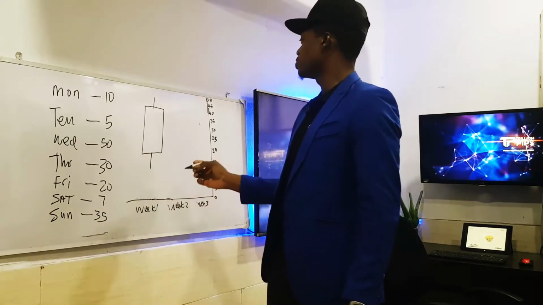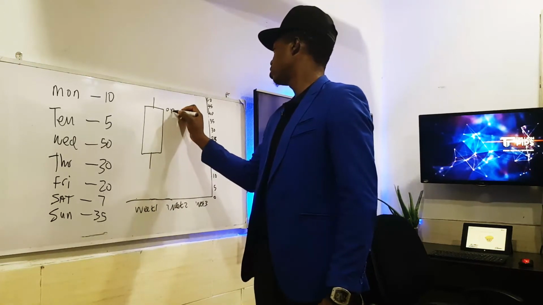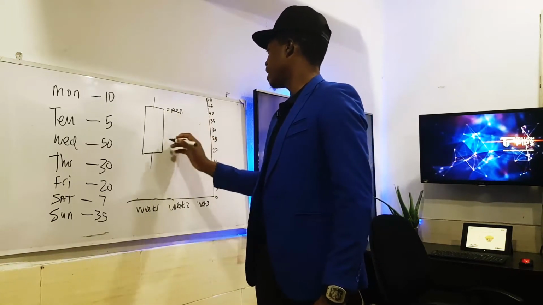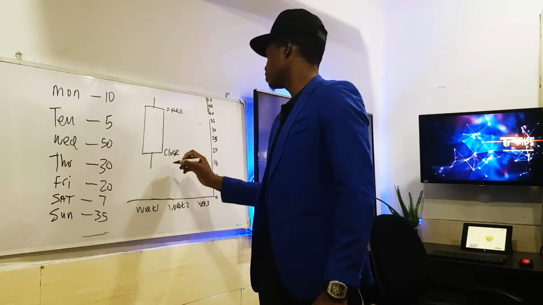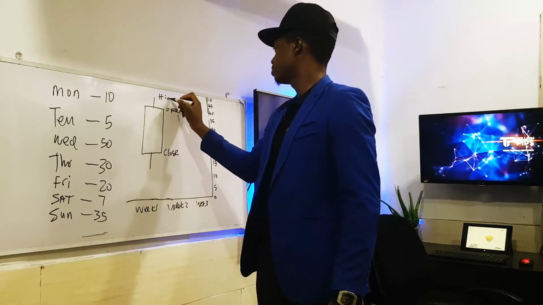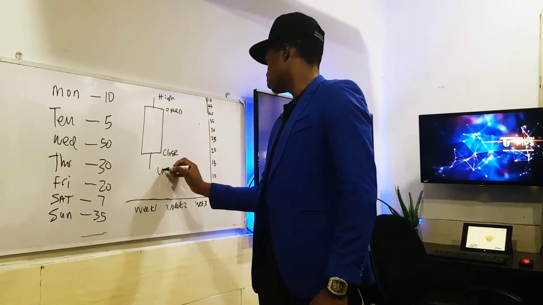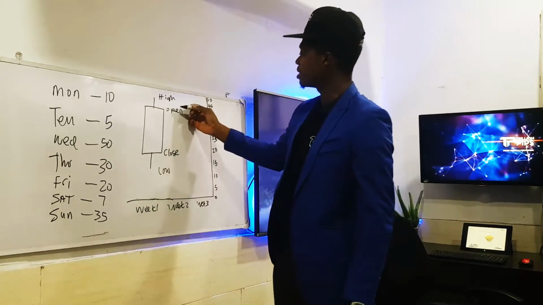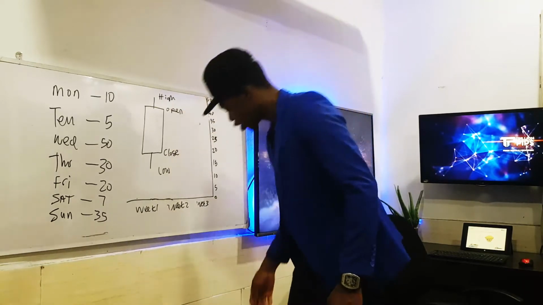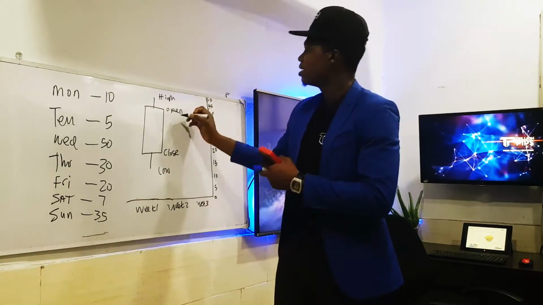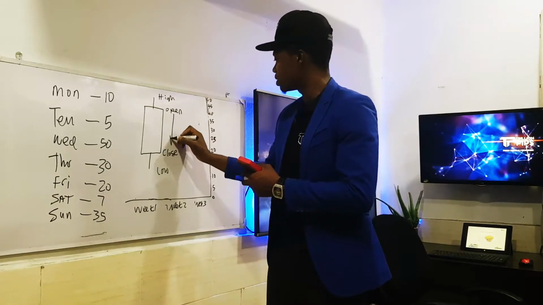The Japanese candlestick has its open at the top or at the bottom, and the close. We have the high and we have the low. So this shows us that the opening price is higher than the closing price, which means the price actually dropped like this.